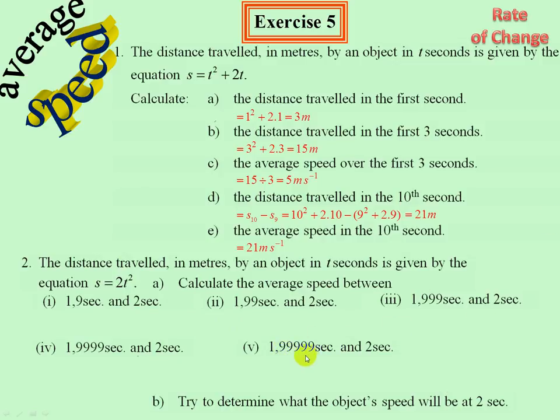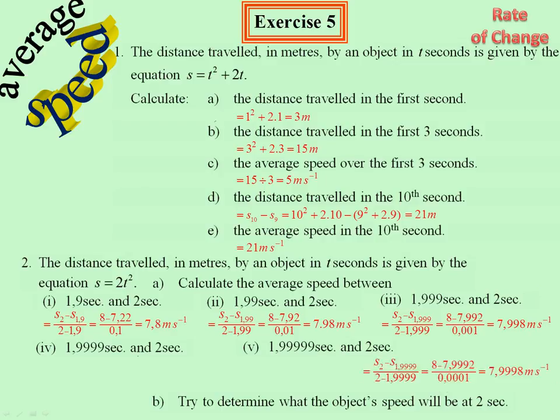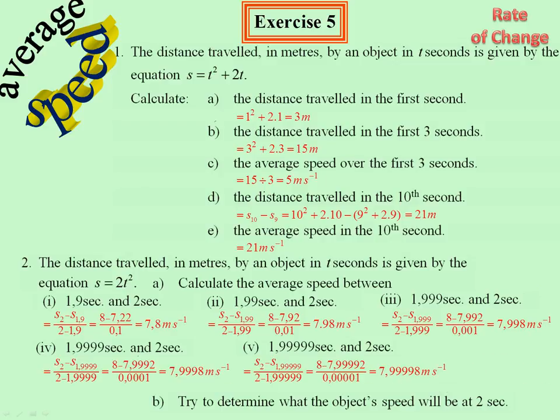We're getting closer and closer to the distance traveled at the 2 second mark. And I'm sure you see a pattern there. Determine what the object's speed will be at 2 seconds: 8 meters per second.